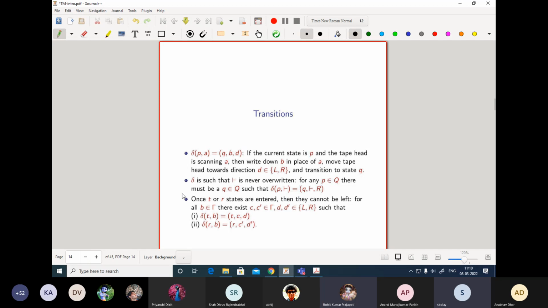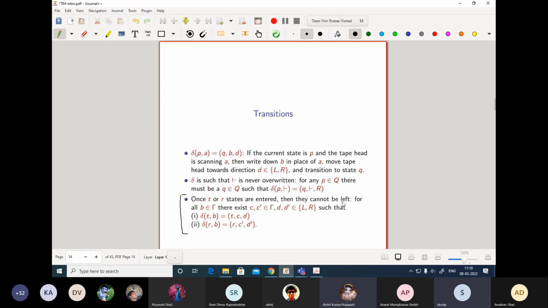Another thing that we need to ensure in the transition function is that when I enter a state t or r, which correspond to accept and reject respectively, then you should not leave these states.